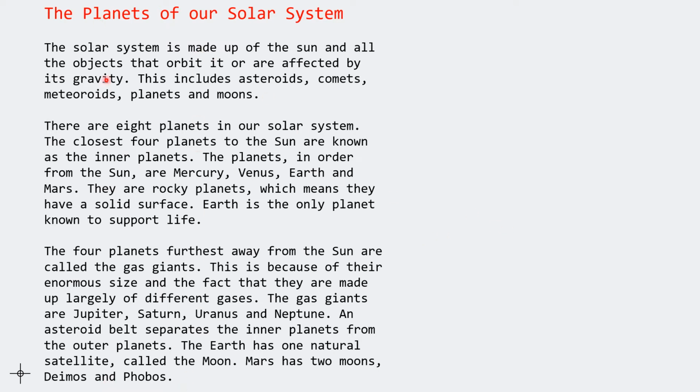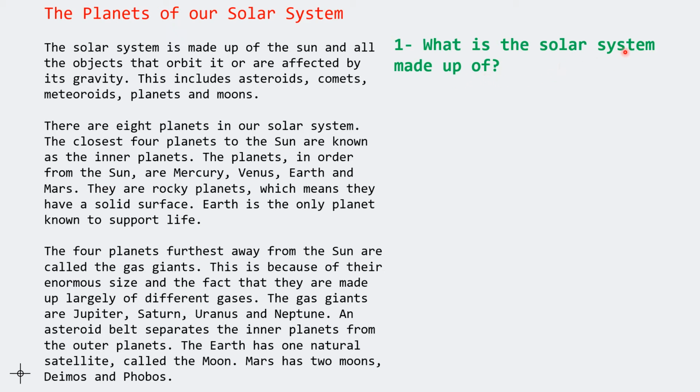After we have read quickly the comprehension passage, we have to check the questions. What's the solar system made up of? Here we have to remember in which paragraph we can find the answer, and the keyword here is made up of.